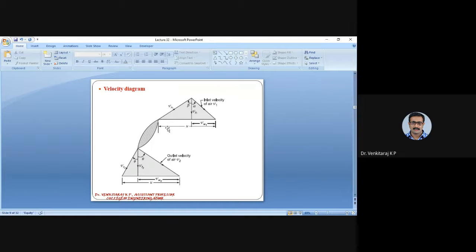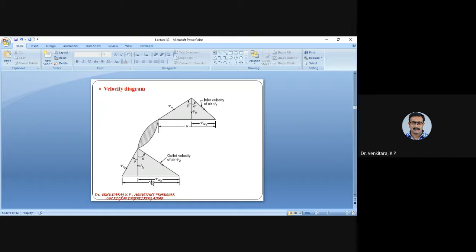The difference between the velocity diagram for axial and centrifugal compressor is that here you have the blade tip speed u same at inlet and exit, because both the inlet and exit tip of the blades are at the same radial distance. So u is same here. In centrifugal compressors, depending on the tip diameters d1 and d2 at inlet and exit, we have u1 and u2 having different values, but here it is same.